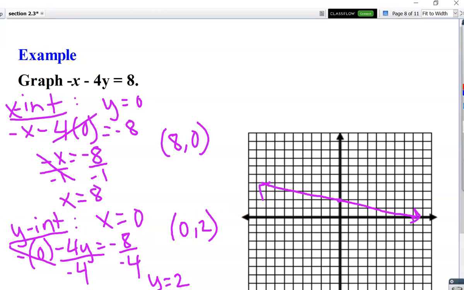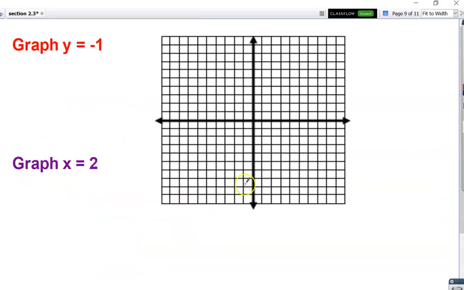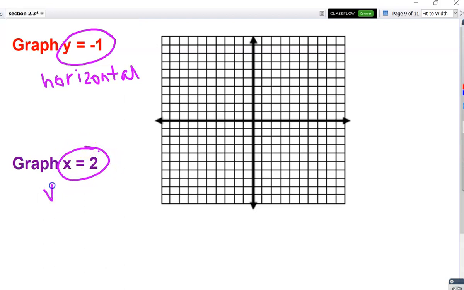The last topic we're going to cover is how to graph horizontal lines and vertical lines. So if you have y equals some number, it's going to be horizontal. And then if you have x equals some number, you will have a vertical line.